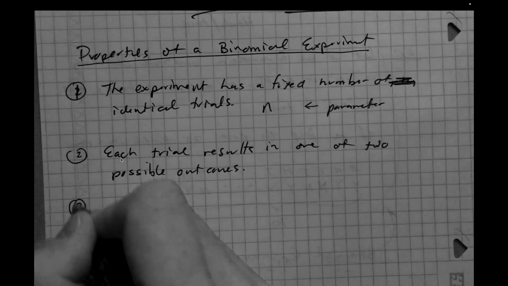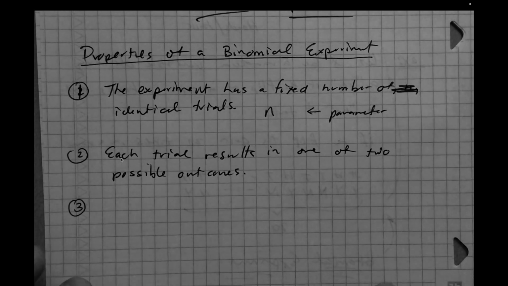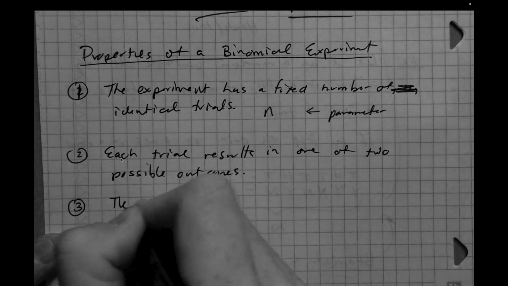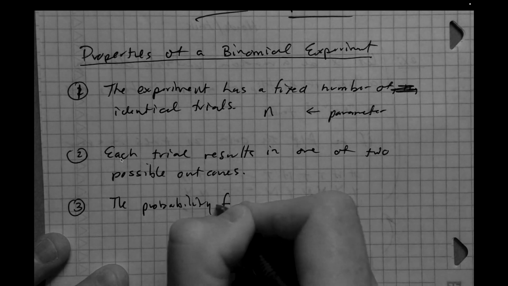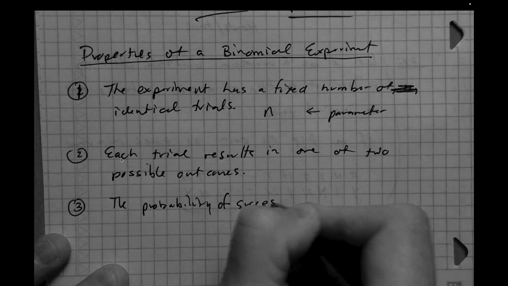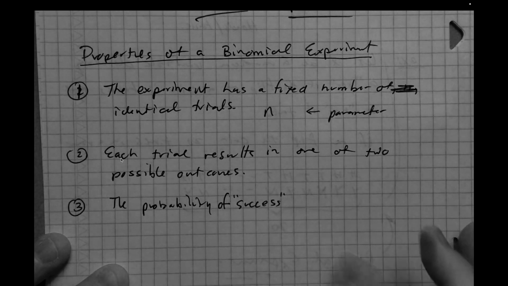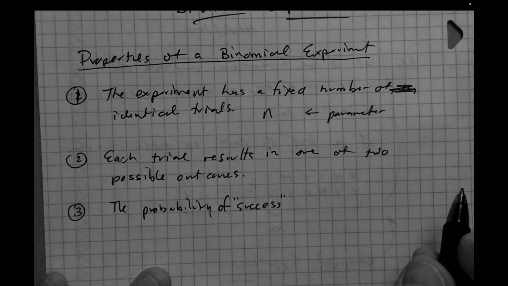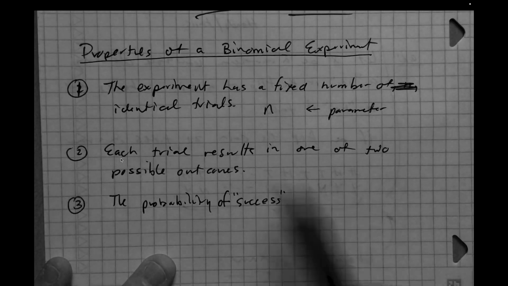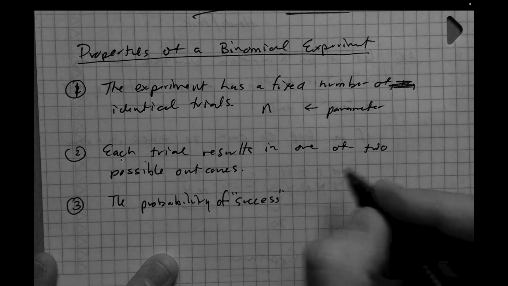Property 3 is that the probability of success on a single trial is the same for all trials in the experiment. We just use the term success. That could be a heads, or an even, or whatever, however you define it in the scenario you're looking at.